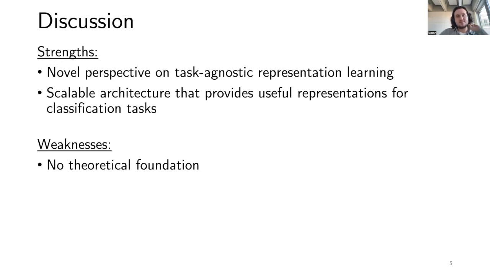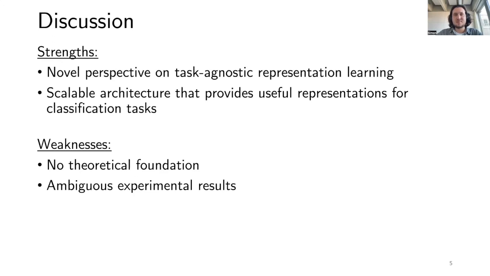As I said, there's no actual theoretical foundation, which I think is always hard. If you have a paper that's going very specifically into these deep learning topics, the theory is not super established, but at least you can try to make a connection, which just for me personally would have been nice. And then I think the experimental results are kind of ambiguous.